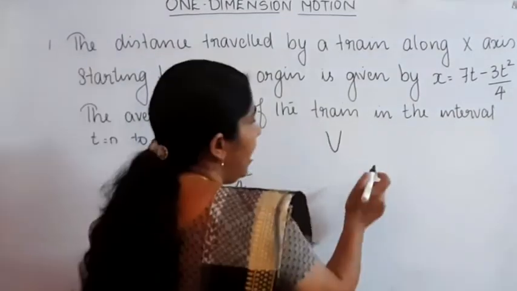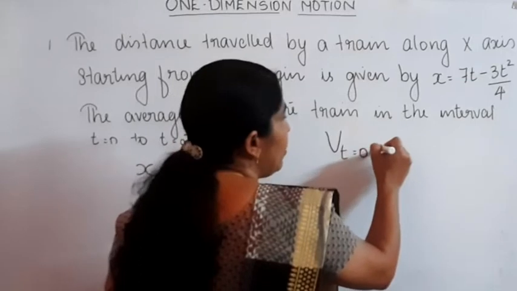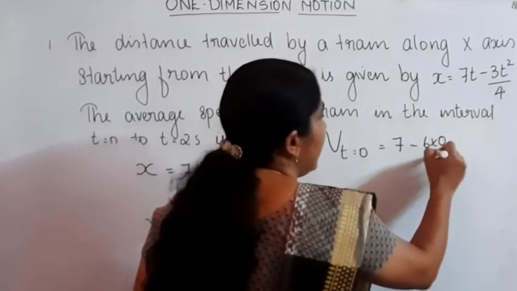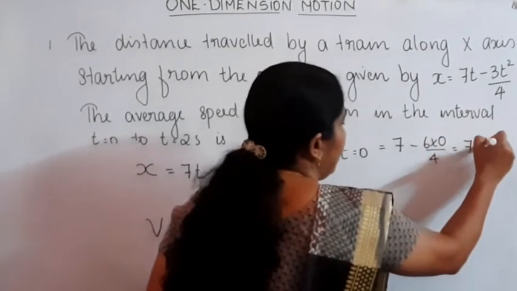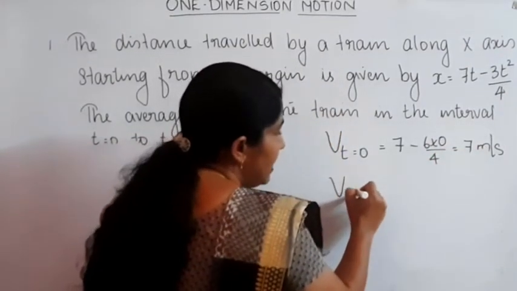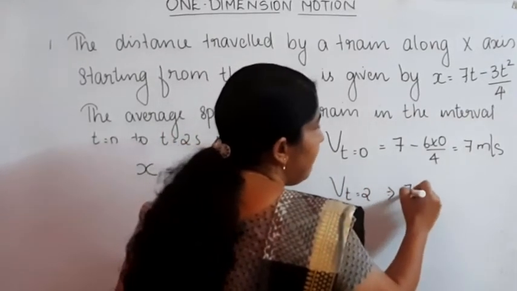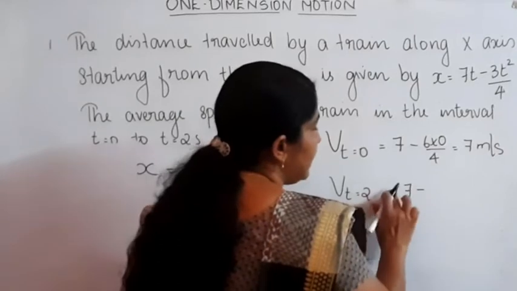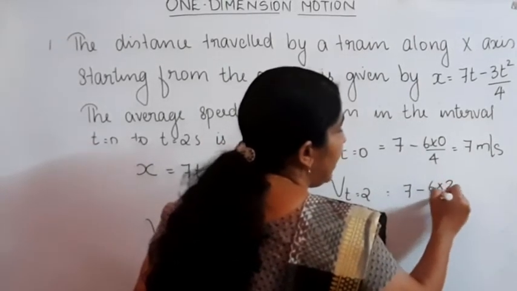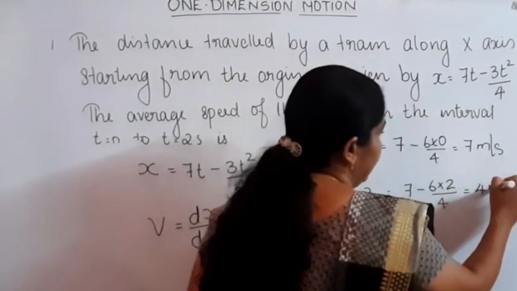The speed at time t is equal to 0 is 7 minus 6 into 0 divided by 4, that is equal to 7 meter per second. And the speed at time t is equal to 2 is 7 minus 6 into 2 divided by 4, that is equal to 4 meter per second.